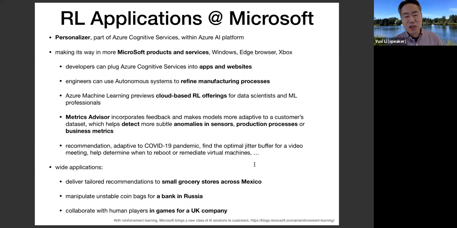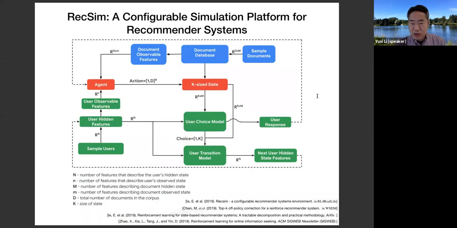So I think it's worthwhile to check what Microsoft has done on reinforcement learning. And Google is an AI-first company, and they have done lots of things about machine learning and reinforcement learning, like RecSim. So just now we mentioned those applications.